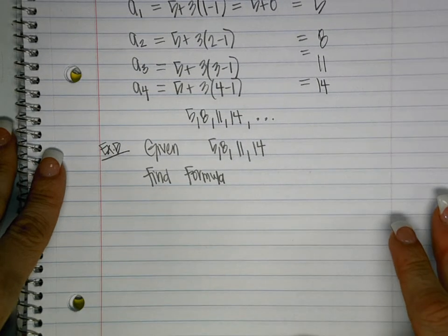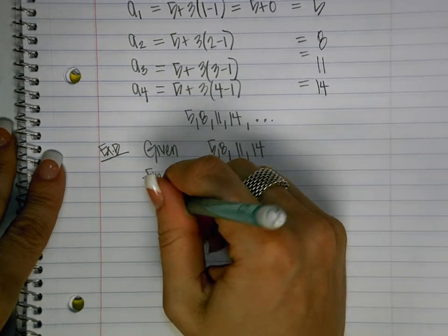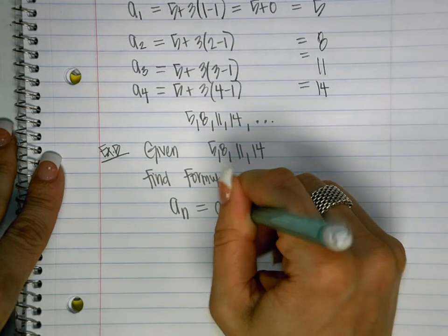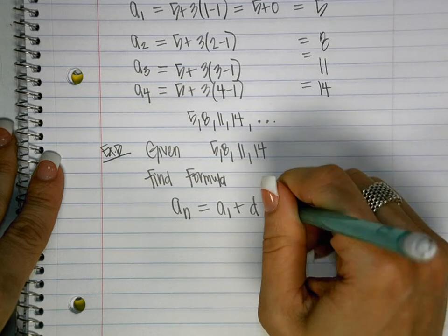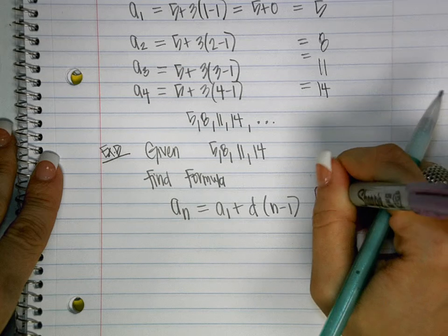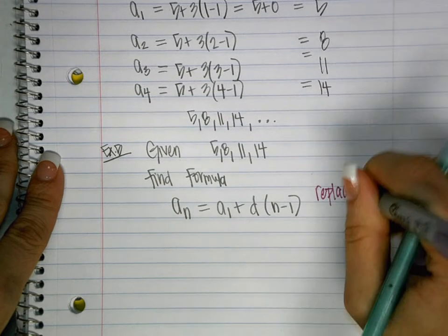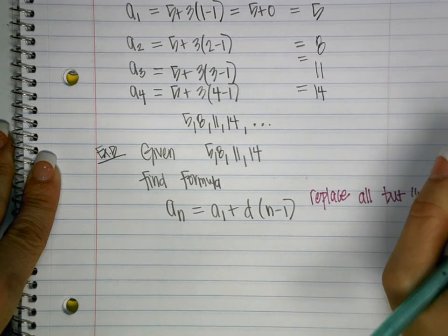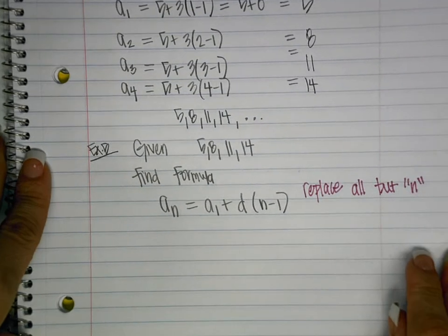Write down the general rule: a sub n equals a1 plus d times n minus 1. What you need to do is replace all except n.